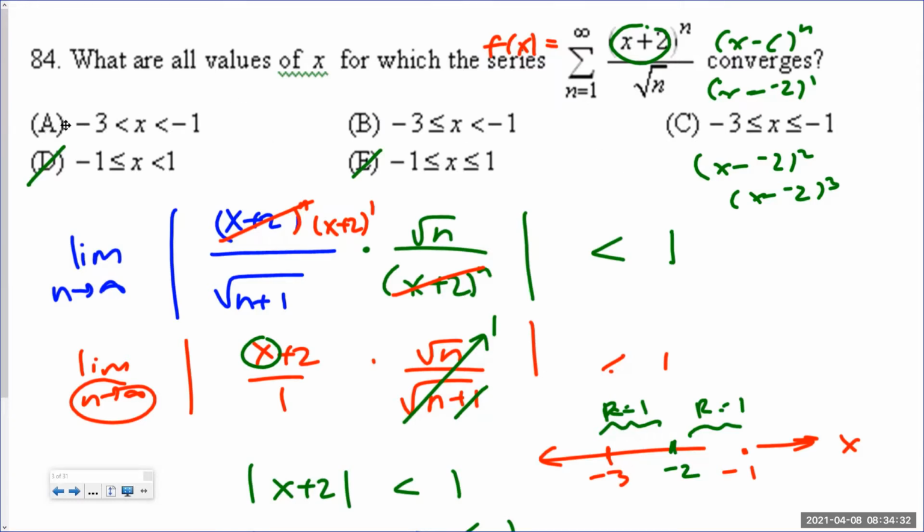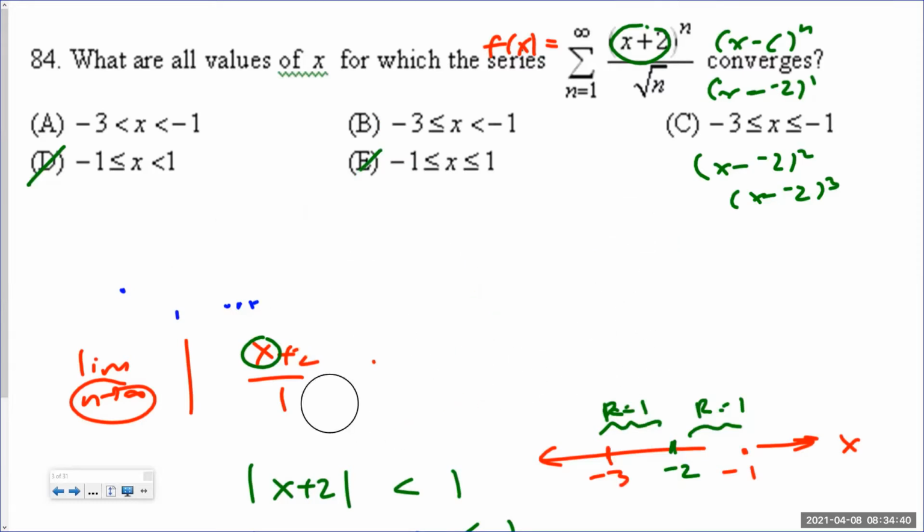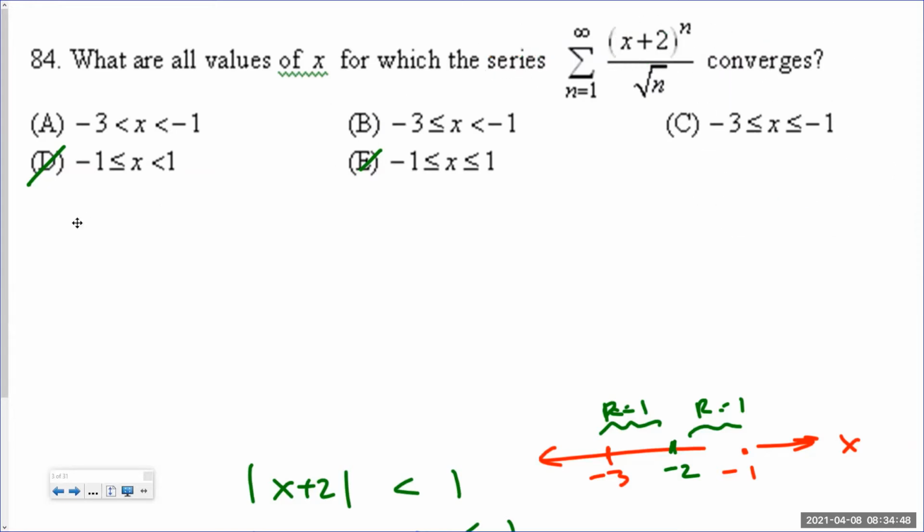So what I need to do now is test my endpoints. I need to test -3 and test -1, because using the ratio test it was inconclusive whether this series diverged or converged. So I'm going to test x equals -3, and I'm going to test x equals -1.